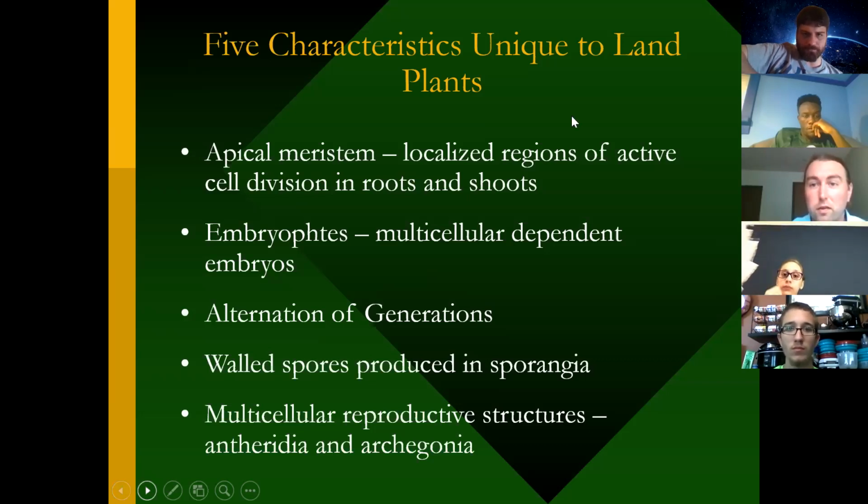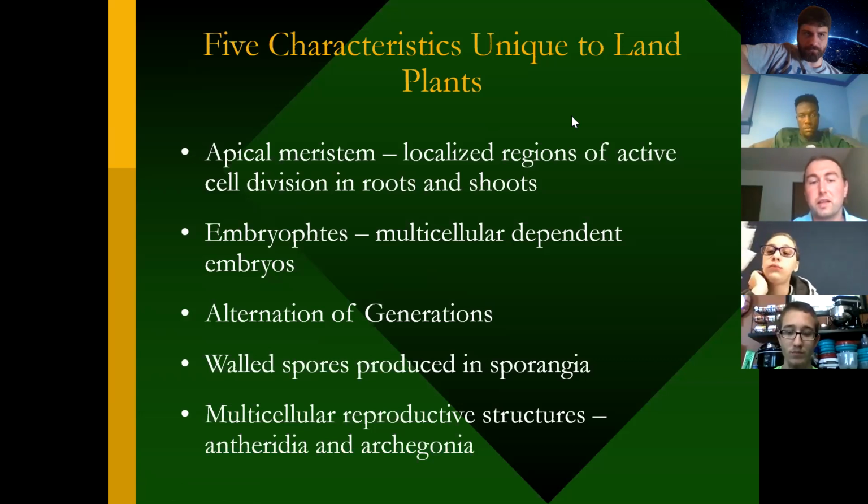So this idea of how did plants come to be today? Well, there were many things they had to do. They really had to localize regions in their body to develop shoots and roots. So many things that if you were living in water, you wouldn't have to do.